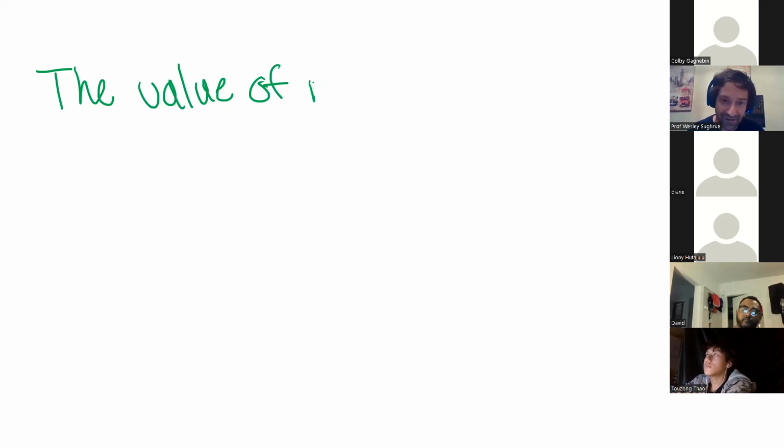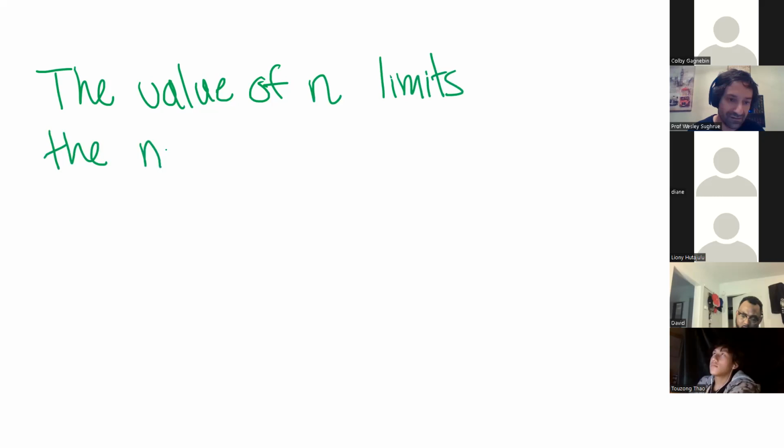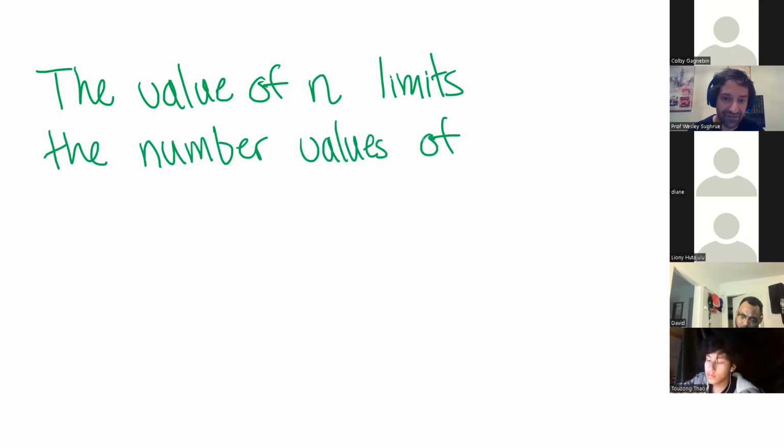So the value of n limits the number of values of L available.